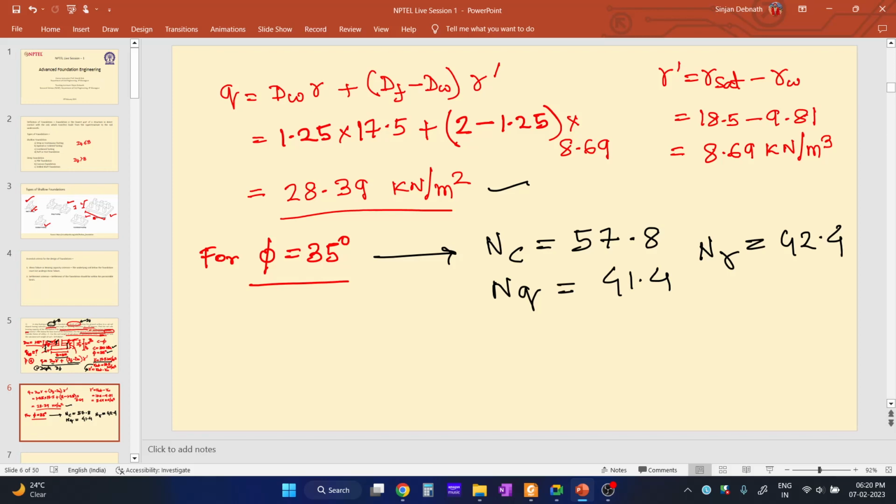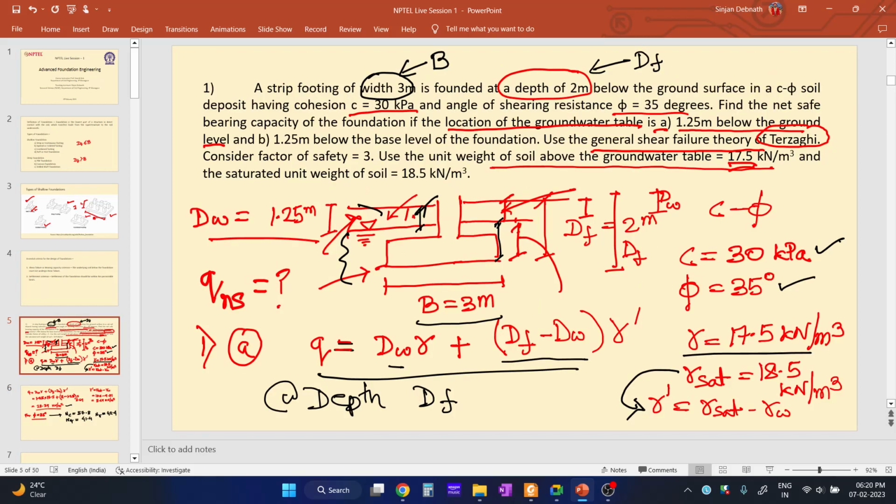Now we need to find out qns for the first part, when the groundwater table was 1.25 meter below the ground level.